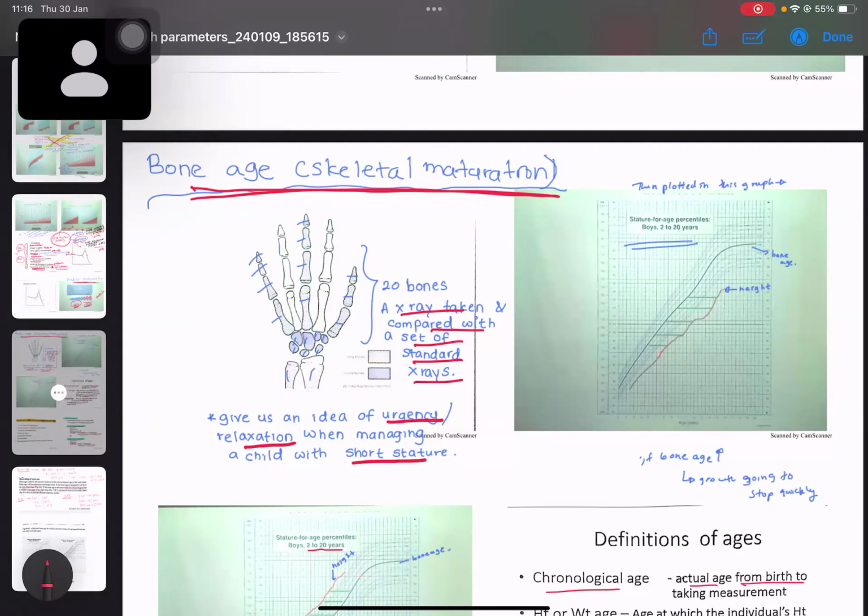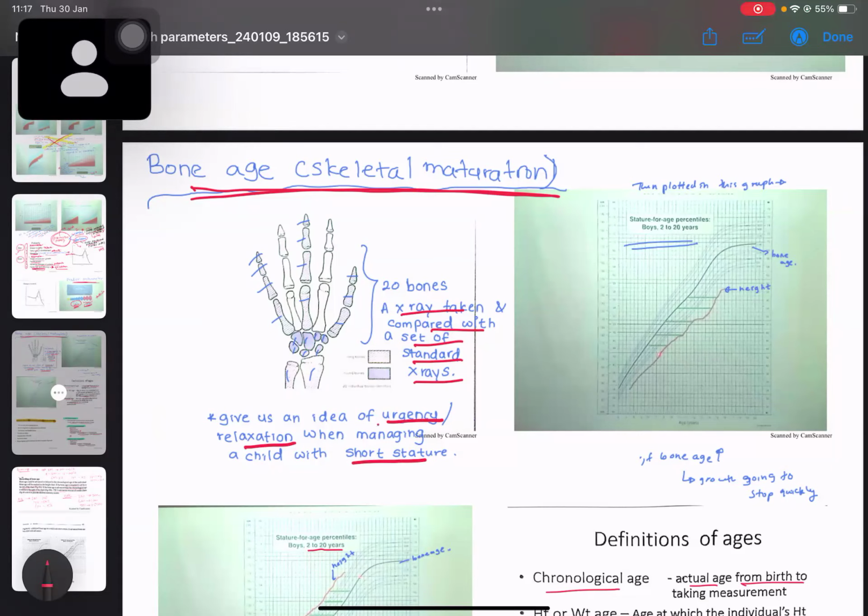If we are investigating a child for short stature or any bone disorders, we take the X-ray of the child and compare it with the standard X-ray. It means how the X-ray should be at that age. There are standard X-ray charts, but you don't need to know about those things.